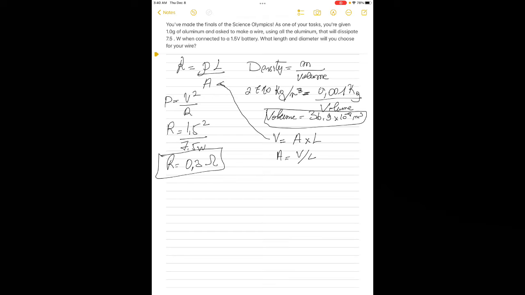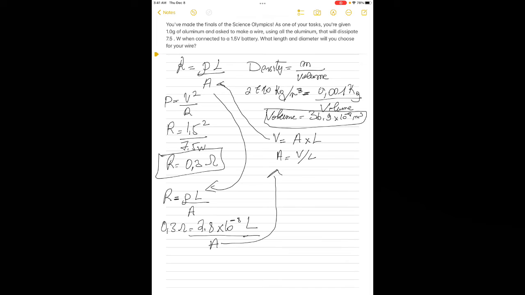Okay, so if we use this formula here, resistance equals resistivity times the length divided by the area. Resistance is 0.3 ohms, equal to the resistivity of aluminium, 2.8 multiplied by 10 to the minus 8, times length divided by the area, and the area here is equal to volume divided by the length.